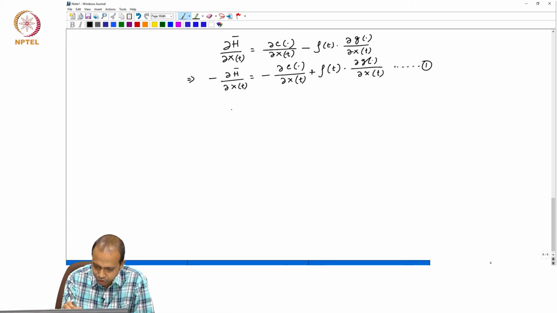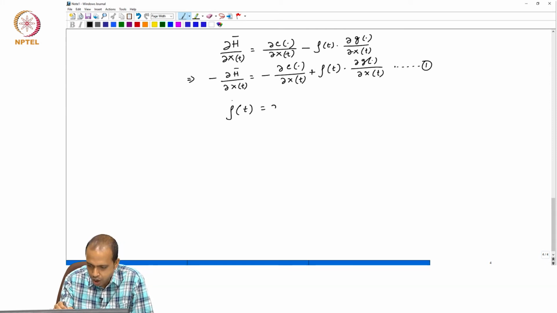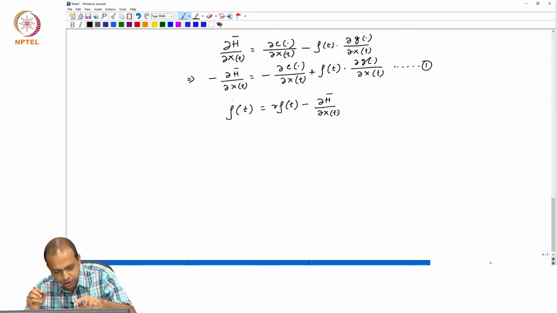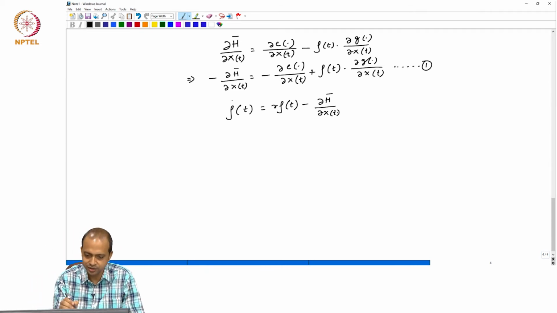Previously we got one condition, rho dot t equals r into rho t minus del H bar del x t. This is the condition we derived earlier.